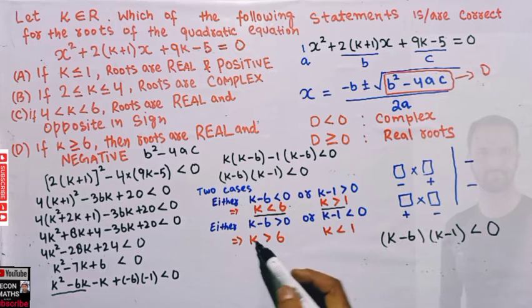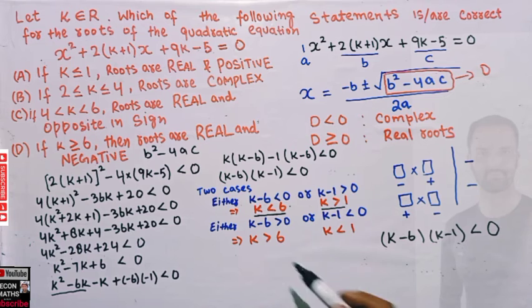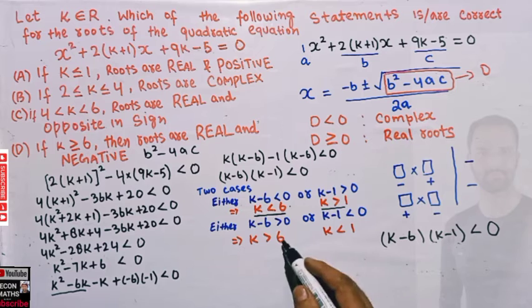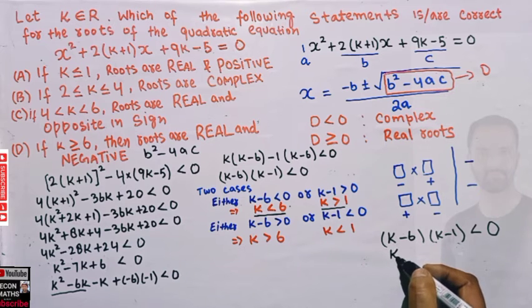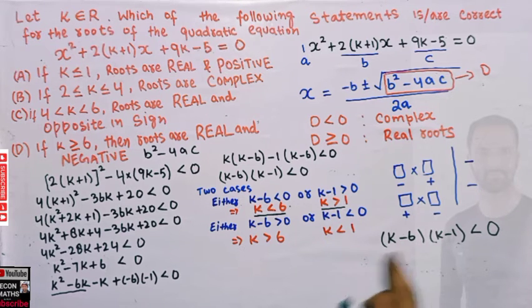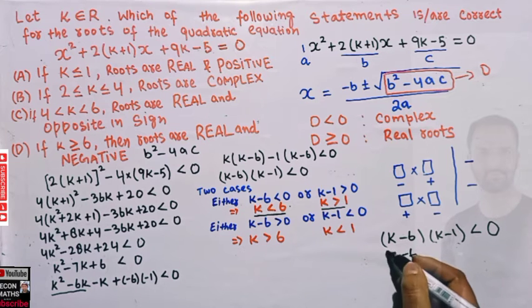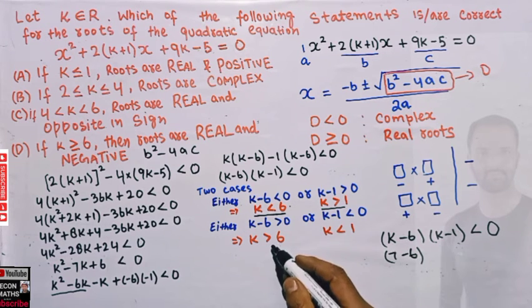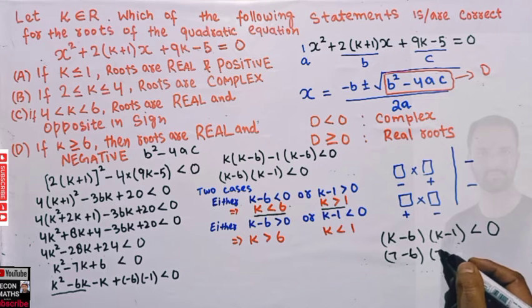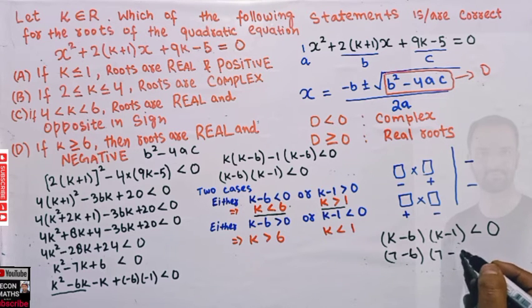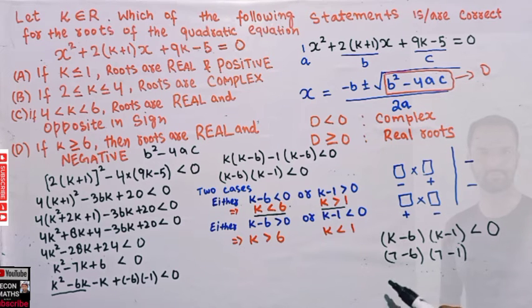Now let us see whether this option is correct, k greater than 6. Let's take any number greater than 6, let's take 7. If k is equal to 7, in place of k I write 7 minus 6, and 7 minus 1. 7 minus 6 is 1, and 7 minus 1 is 6.